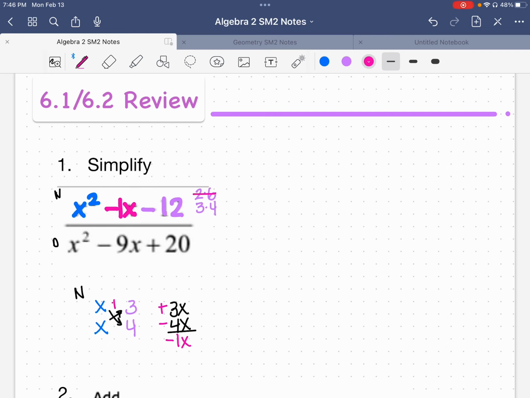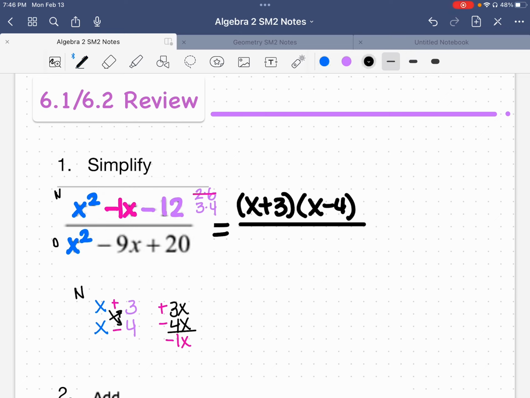So I'm going to have a positive 3 and a negative 4, which means the numerator is going to factor into x plus 3 and x minus 4. Now I'm going to do the same for the denominator.